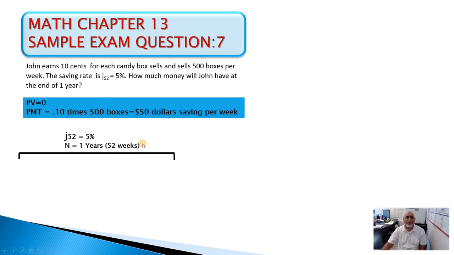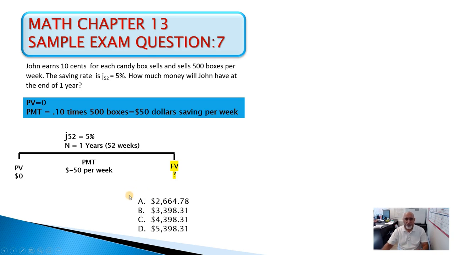Okay, so interest rate J52 equals 5%. Time period 1 year. We're going to think weeks. So 1 times 52 is 52 weeks. Now John has no savings now, but he is saving $50 every week. $50 negative because he's putting that into the bank, and we're looking for FV.